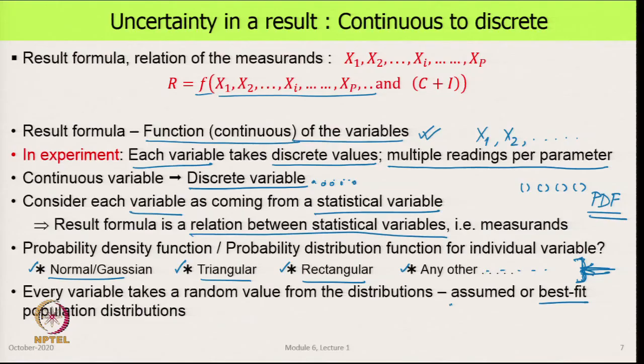And doing that, that assumed distribution helps us in getting what we want, which is the standard uncertainty in whatever we are measuring or in the result. So, this is a big change, that we start looking at the result formula not as a continuous formula of continuous variables, but of discrete values.